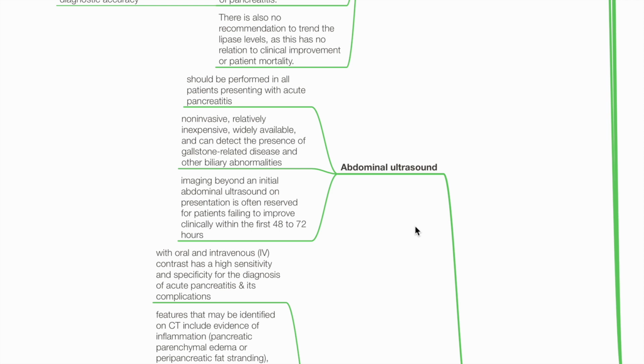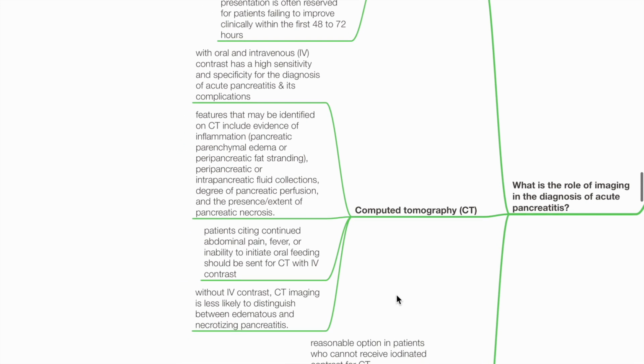Imaging beyond an initial abdominal ultrasound on presentation is often reserved for patients failing to improve clinically within the first 48 to 72 hours. CT with oral or IV contrast has high sensitivity and specificity in diagnosing acute pancreatitis and its complications.